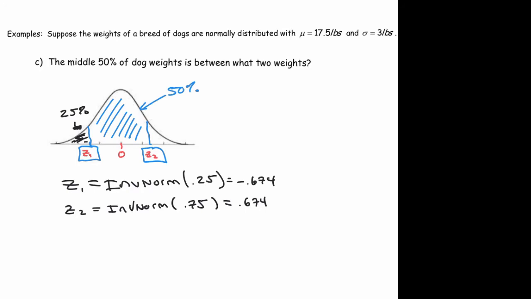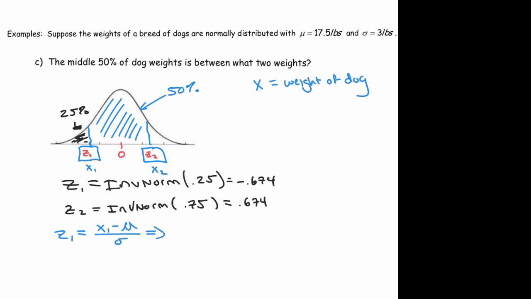Don't forget, though, we have to convert these now to weights, because that's what the problem's about. So let's convert Z1 to a weight. So Z1, remember, the weight that goes with Z1 we'll call X1. The weight that goes with Z2 we'll call X2. So again, X is the weight of dogs. So Z1 would be X1 minus the mean divided by the standard deviation.